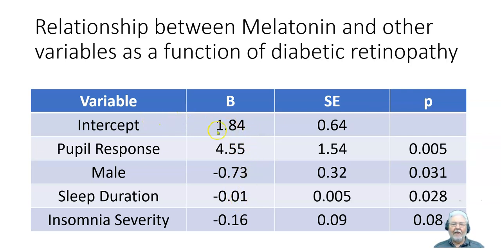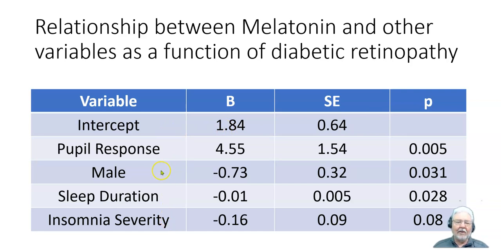So basically what we're doing is we're looking at this pupil response while we're controlling for all of these other variables. Insomnia severity may very well have been significant, but that's a multiple regression model where you put all of these variables in there.